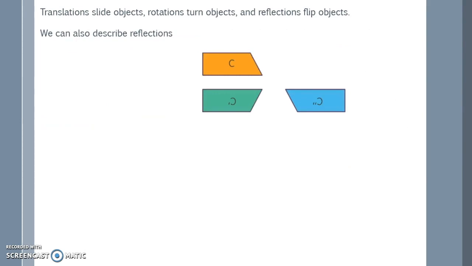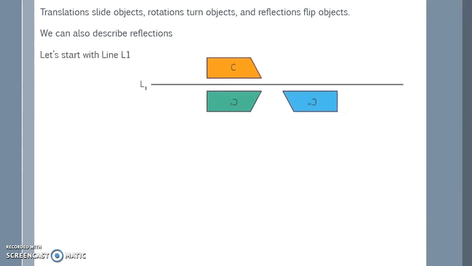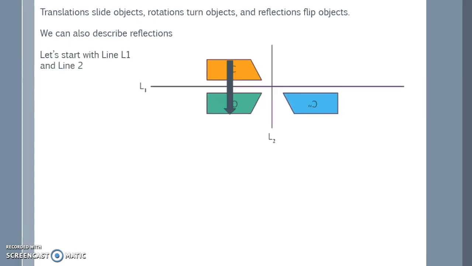We can also describe reflections, but first we need a reflection line. So let's start with line 1. I can see that if I were to reflect over line 1, I would obtain object C prime.